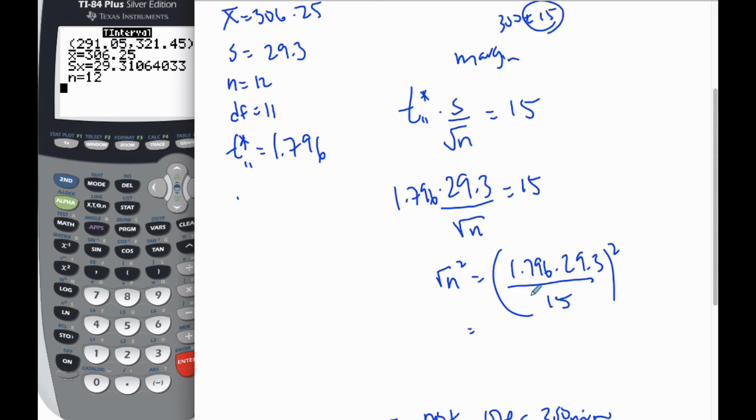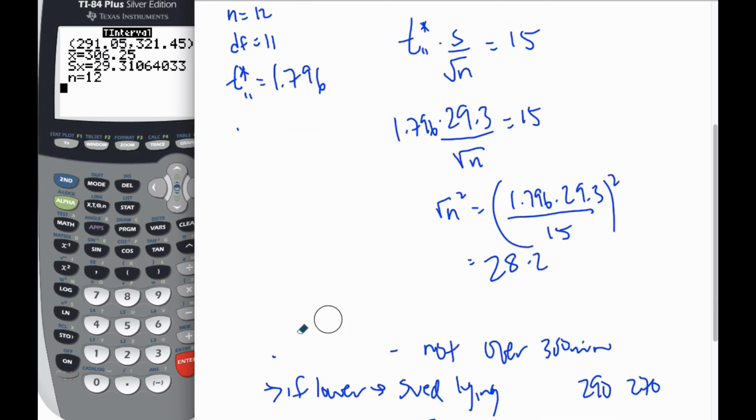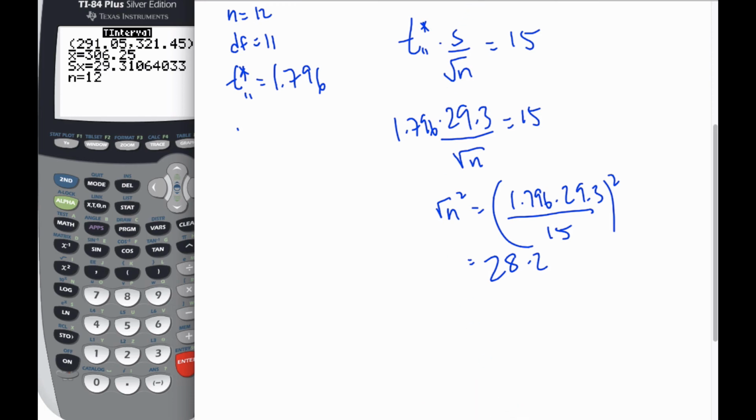And when I do this calculation, I end up with 28.2. I could do it with my calculator, or you can just trust my word for it. So now I'm saying n is 28.2.